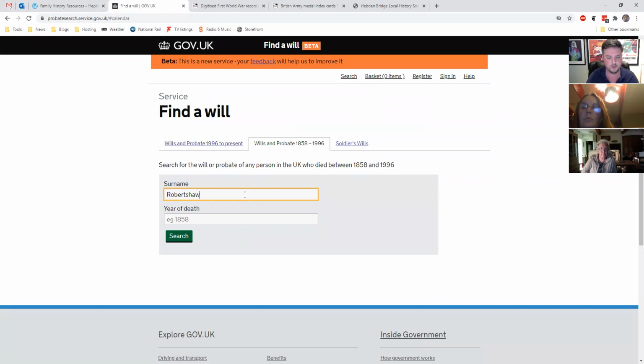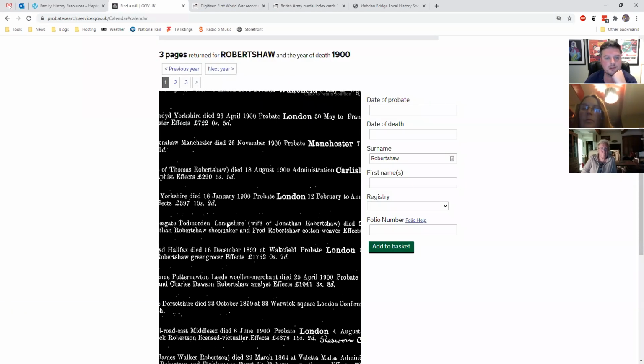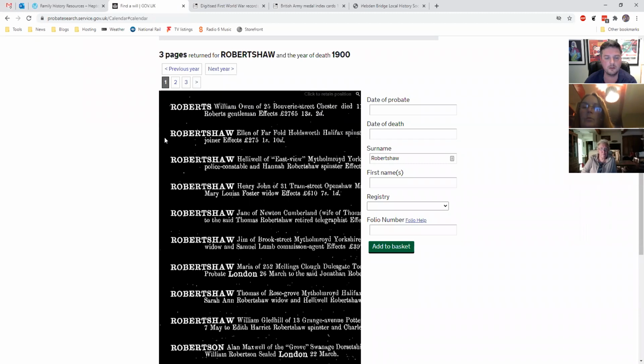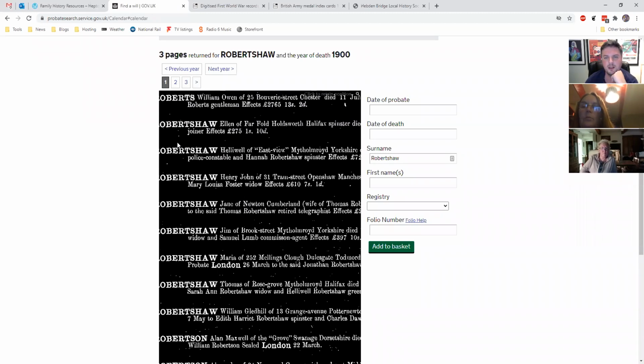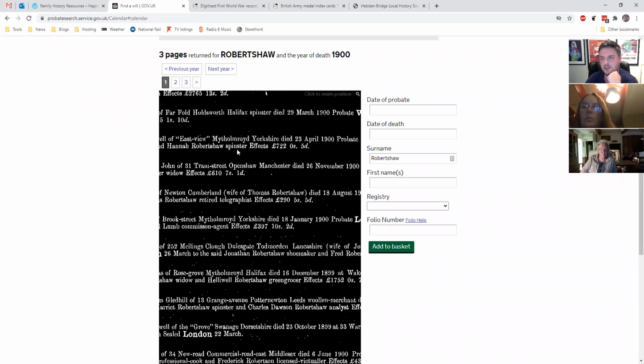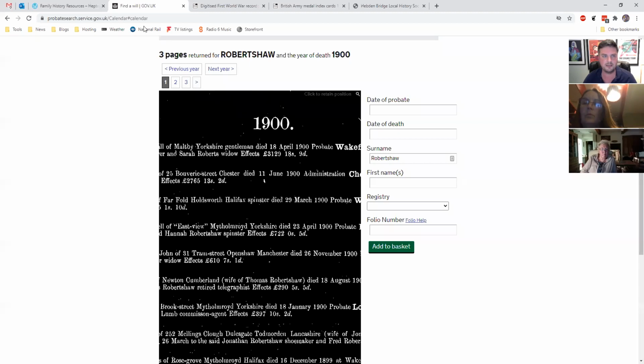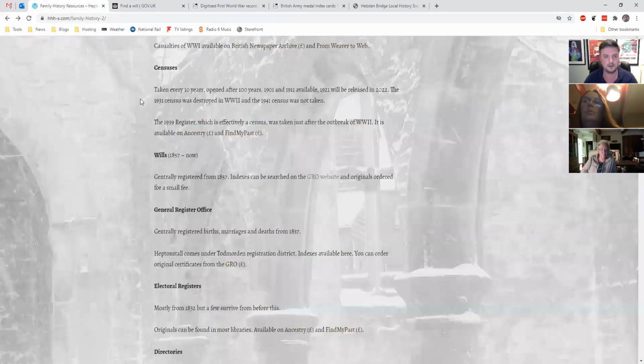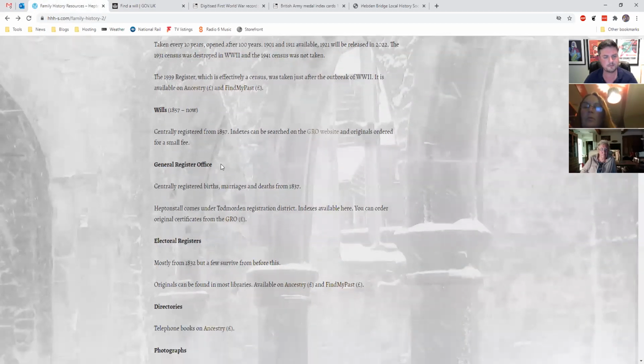So if I want to search for Robert Shaw wills from 1900, it gives you a list right here, and you can put the details in on the right, and then you can purchase them. They're about £1.50 each, and it takes a couple of weeks for them to turn up. I will talk about wills pre-1858 a little bit later.